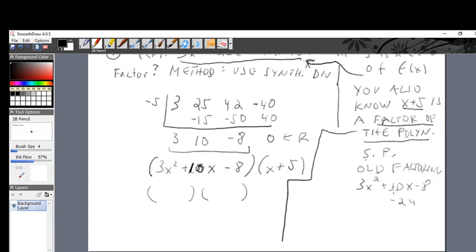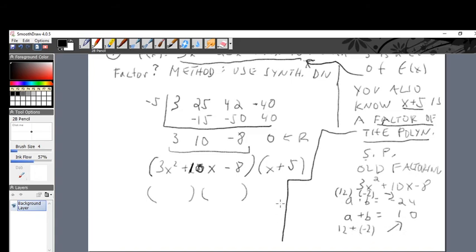Bring down the 10 in front of it, and we need an a times b equal to negative 24, and an a plus b equal to 10. The answer is positive 12 and negative 2. Positive 12 times negative 2 is negative 24. Positive 12 plus negative 2 is 10.